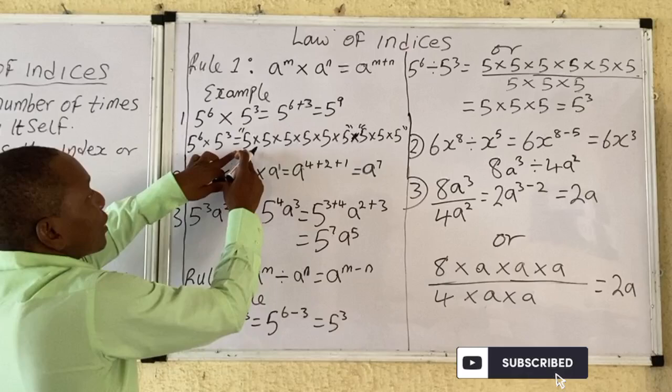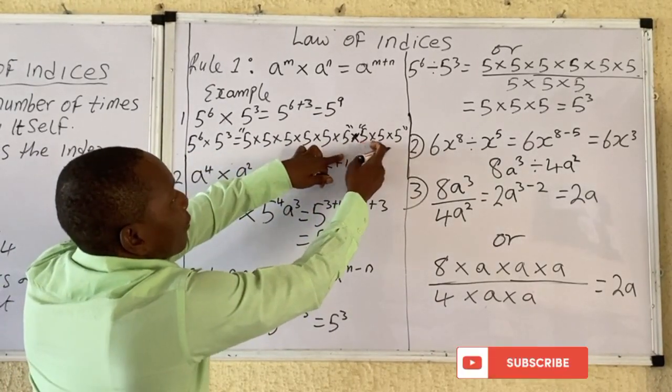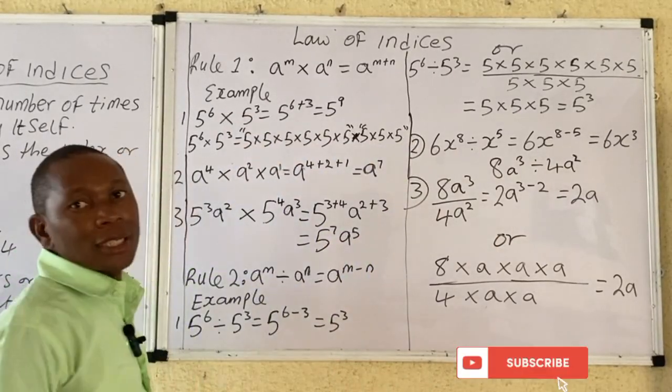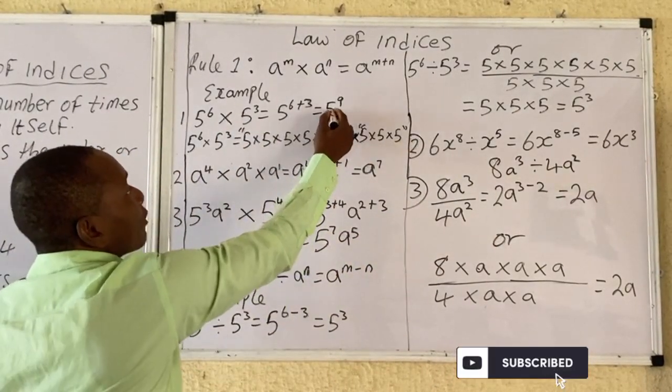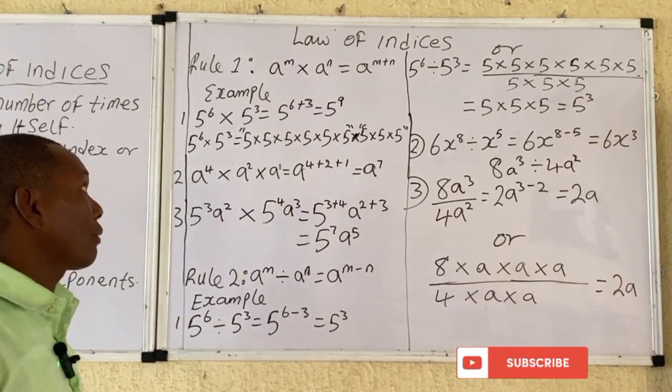So the total number is 1, 2, 3, 4, 5, 6 for the first, 7, 8, 9 for the second. So if we want to put this in the appropriate format, it's simply 5 raised to the power what? 9. And you can decide to put the final answer there using your calculator, 5 raised to the power 9.